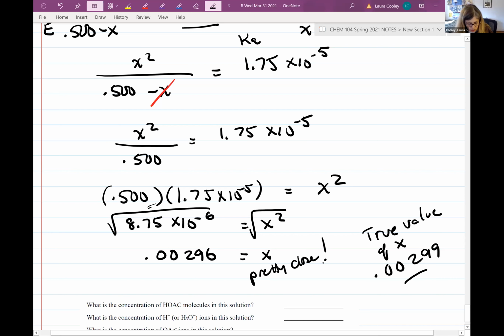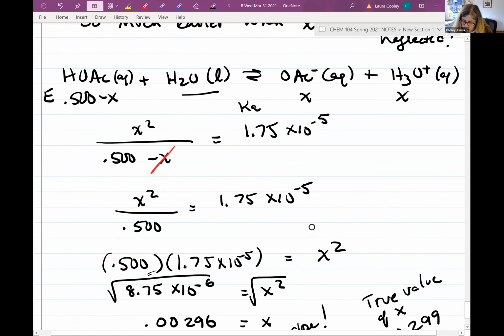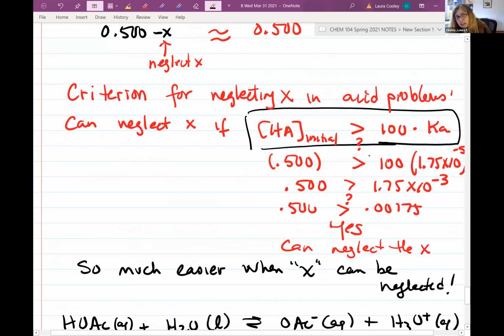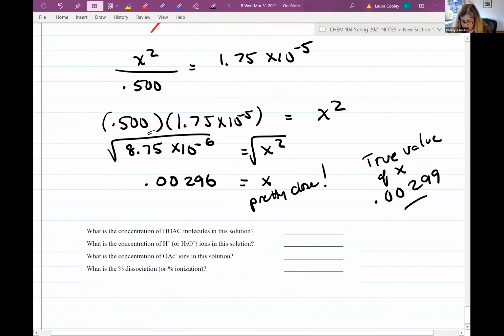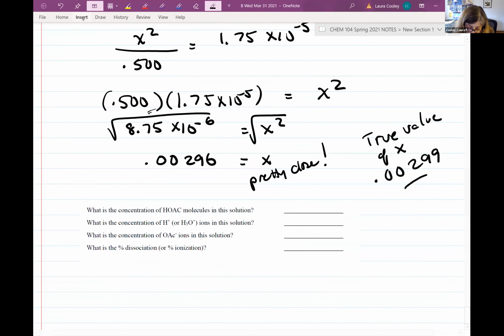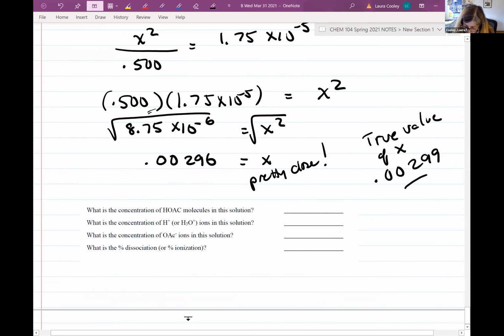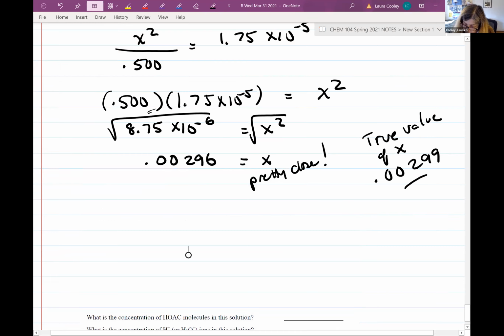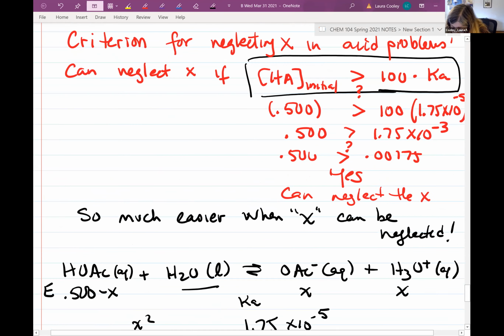And that's what we do when we solve these problems, but you have to use the criterion that's given here. And in fact, if you neglect X in a problem, you have to put the justification there. So not only do you need to say it, you actually need to do it for your particular problem. You need to go through what I did above there. I actually figured out what 100 times the Ka was, and I showed that, yes, indeed, 0.5 is greater than 0.00175.